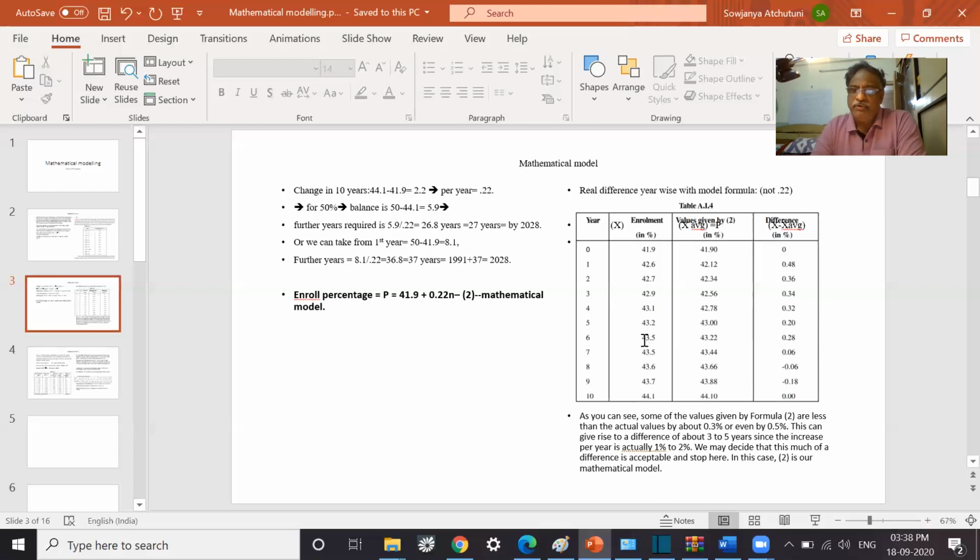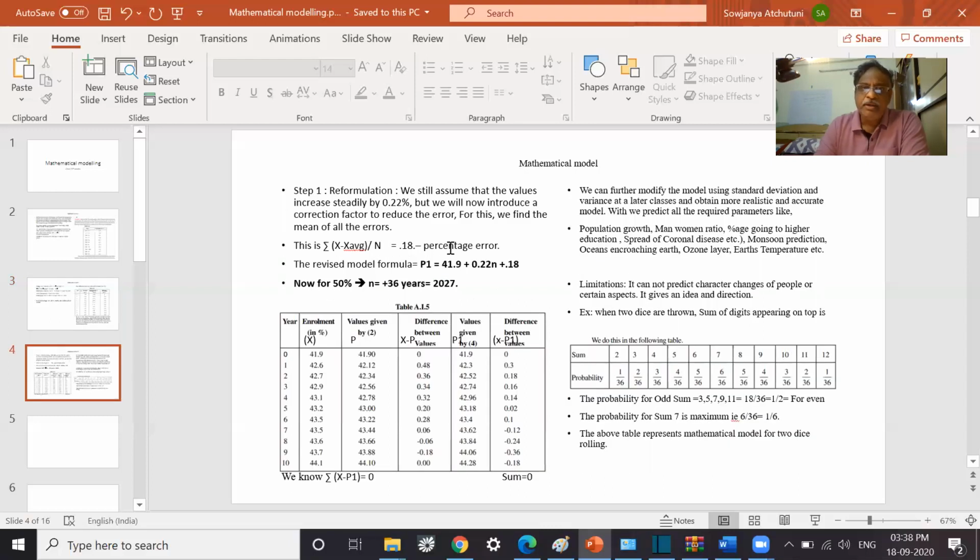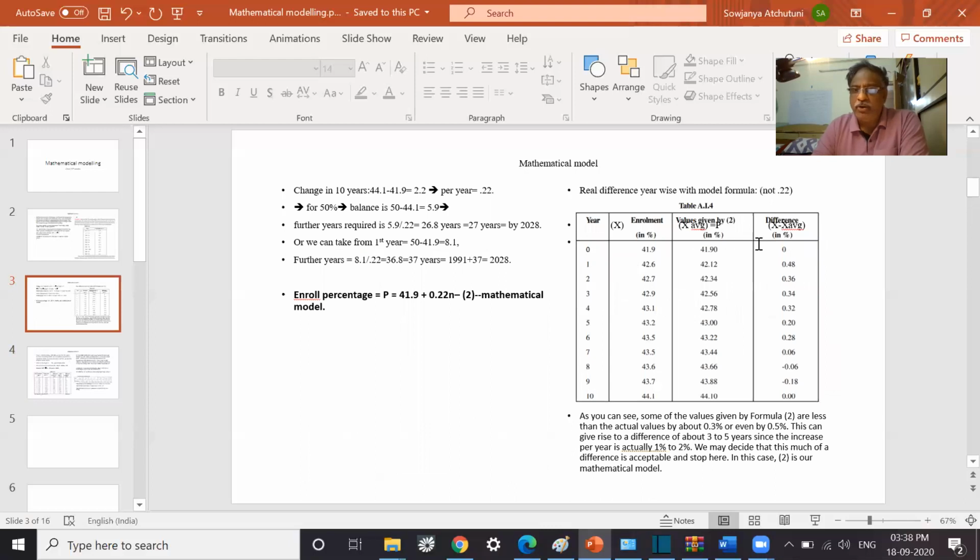So we want to modify this formula to make it more accurate. I am changing the formula by the average, x minus x average by n. I am adding all these differences, x minus x original, as per the formula. This is average. 0.22 is the average rise per year, so every year I am adding 0.22.